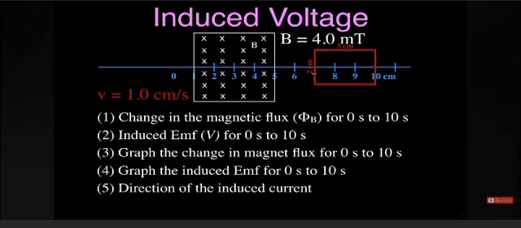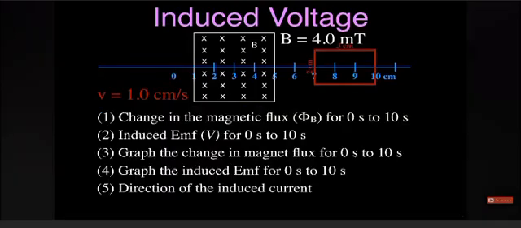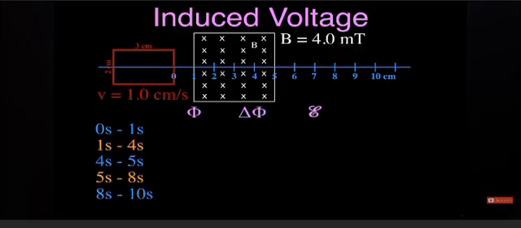We're going to be looking at the induced EMF, 0 to 10 seconds, and we're going to graph the change in magnetic flux for 0 to 10 seconds, graph the induced EMF, and also look at the direction of the induced current. So this would be Lenz's law. Okay, so let's get into it.